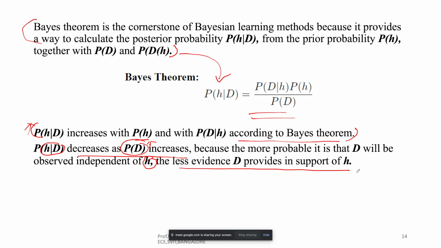The computation may decrease, the accuracy decreases. You cannot predict properly. Okay, so this is how we can go about the probability theorem.